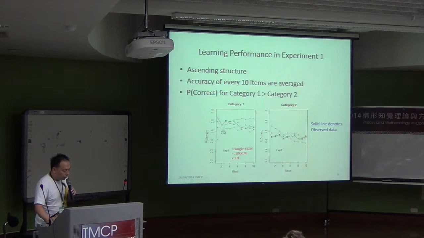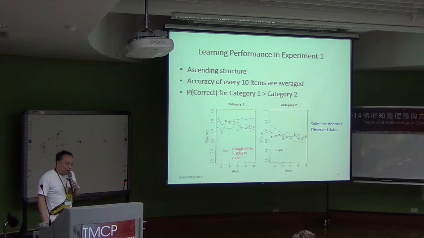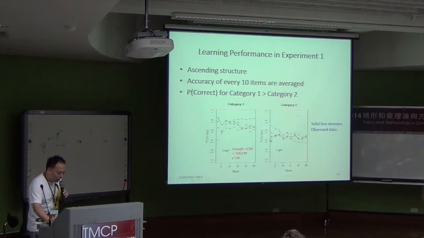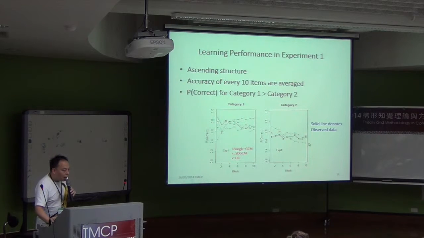However, we found that people actually learn very well from category 1 compared to category 2. Of course, you can say the learning curve is coming down, it's not going up, right? But compared to this one, this is always at about chance level. This is not surprising because I just reviewed Navarro's study results. They also found that category 1 is learned better than category 2.